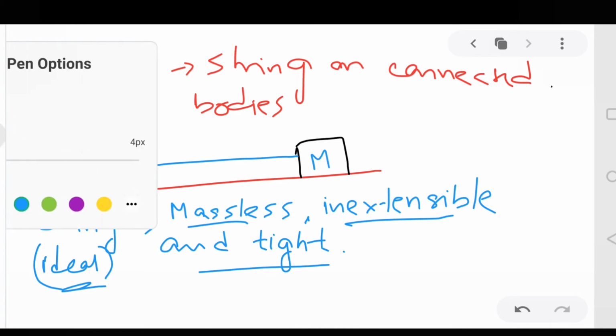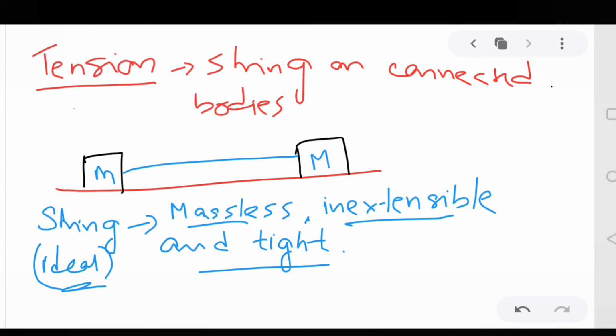Now let's say this block of mass capital M is acted upon by a horizontal force F. That means you are pulling this block of mass capital M with force capital F horizontally in the forward direction, towards the right. This block is connected with a string, so it is going to pull the string.